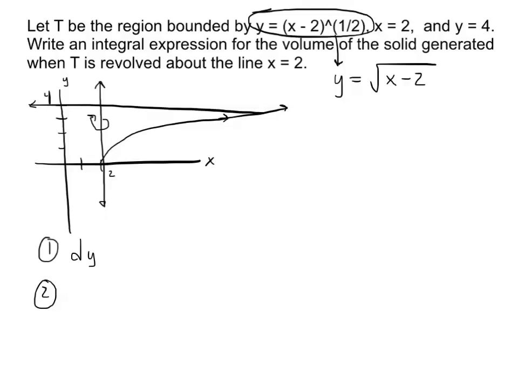Second step, and this is really the one where we need to pay attention. I need the radius of this revolution. I mentioned in both of the previous problems that to do this, I'm supposed to draw from the axis of revolution perpendicular to the other function. I need to know what that distance is. And what I mentioned in the previous ones was that you're supposed to do the top function minus the bottom function.